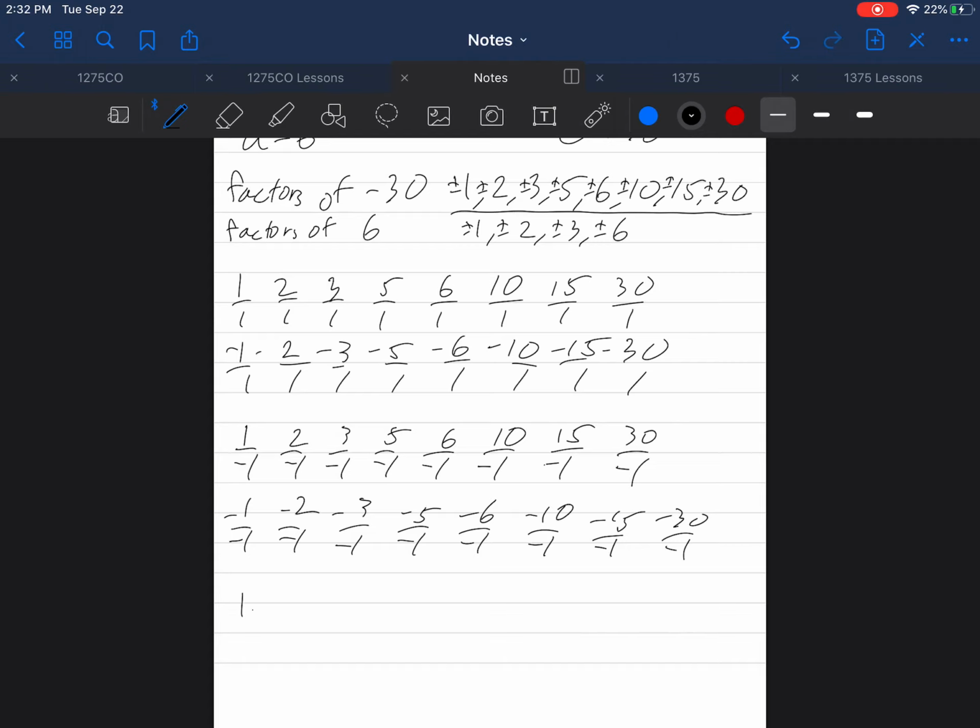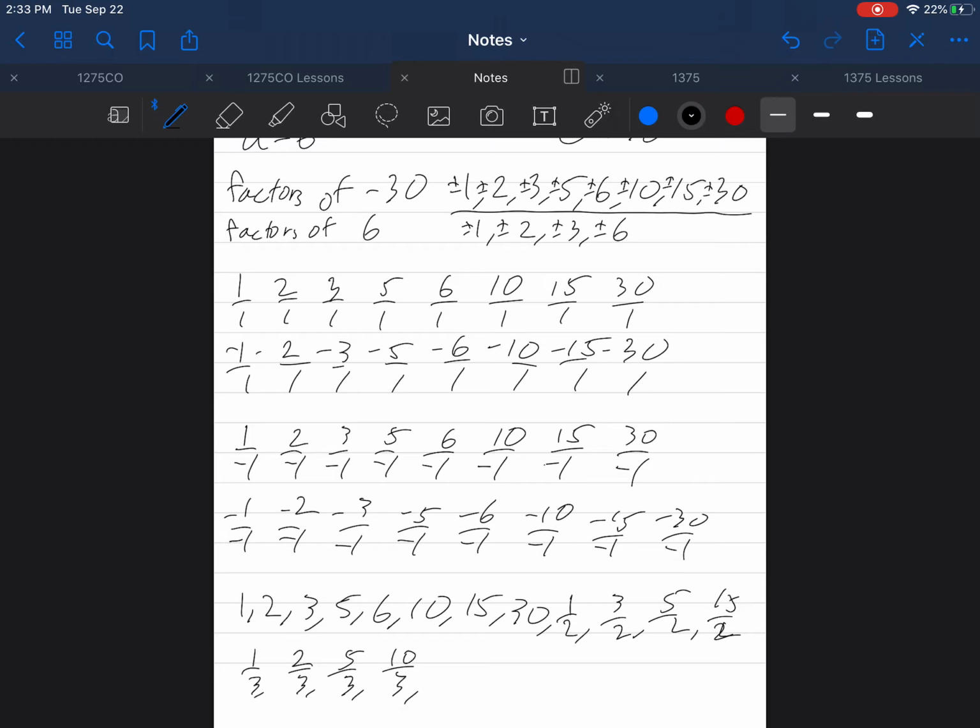This is going to end up with 1, 2, 3, 5, 6, 10, 15, and 30 as possible rational roots, in addition to 1 over 2, 3 over 2, 5 over 2, 15 over 2, 1 over 3, 2 over 3, 5 over 3, 10 over 3, 1 over 6, and 5 over 6.